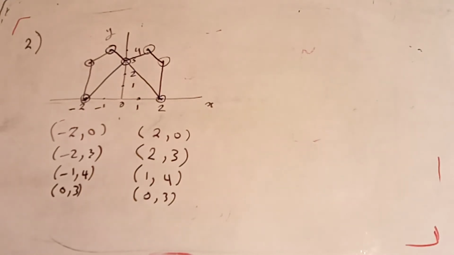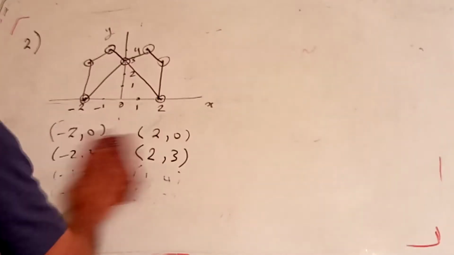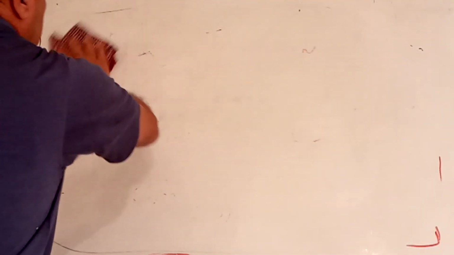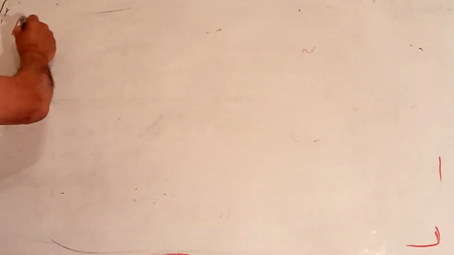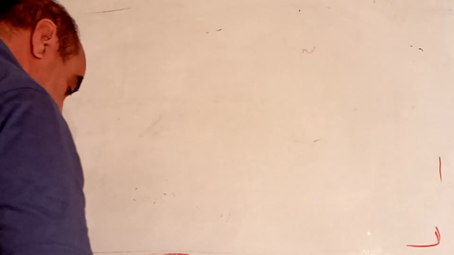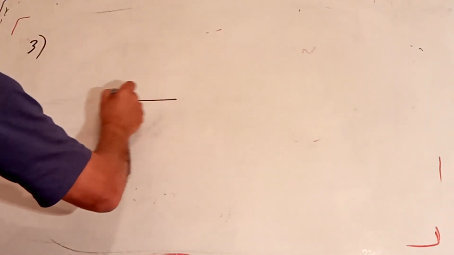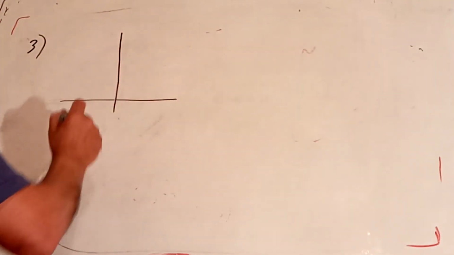Take a look before I erase. Number 3. This is the y-axis. Let's take a look again.